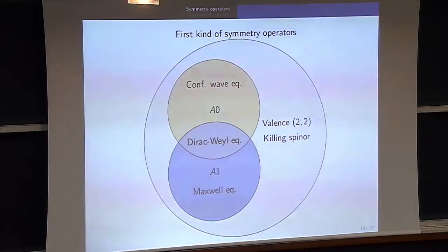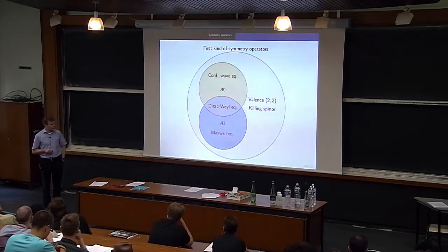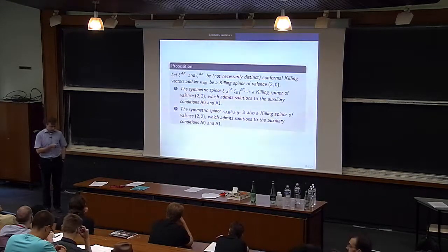And so I think that is quite a new thing to see, that we need both the conditions for the Maxwell equation and for the conformal wave equation to get the symmetry operator for the Dirac Weyl, which is kind of neat.